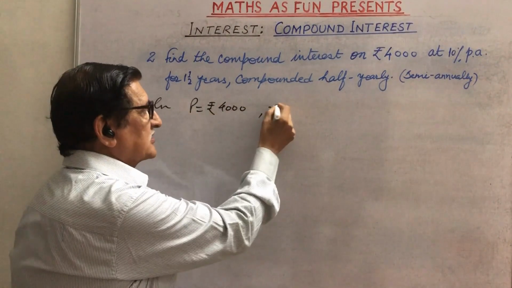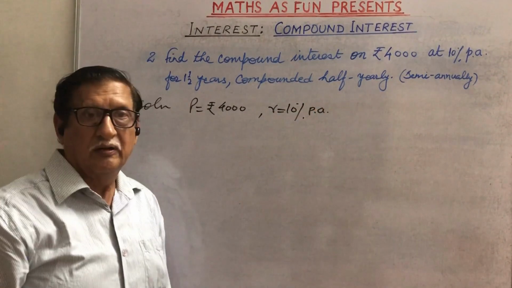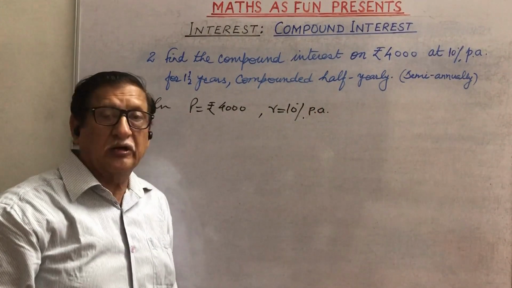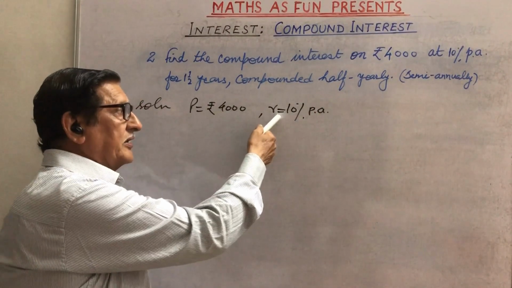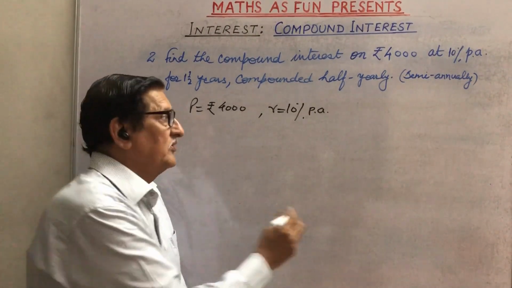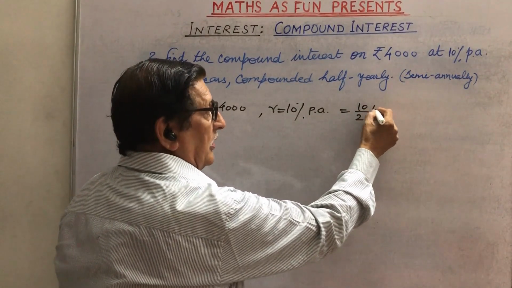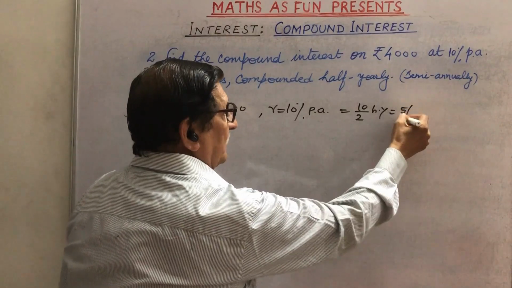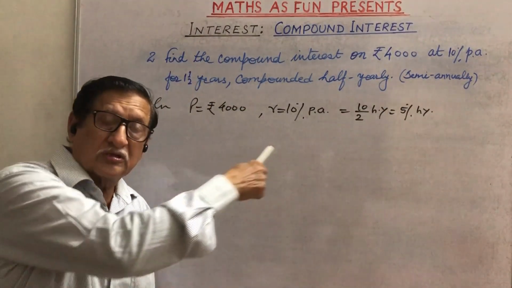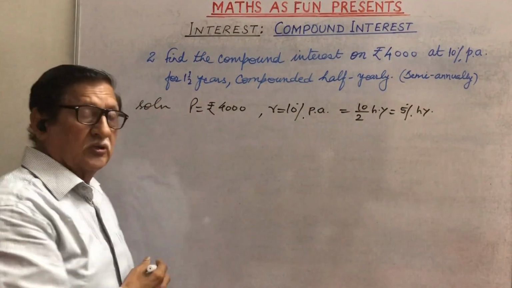The rate of interest has been given as 10% per annum. But since we are to compound it half yearly, we should get the rate also according to half yearly. So we have to make the conversion, and then that is equal to 10 upon 2 half yearly, or 5% half yearly. This is known as a conversion. Same way, we have to convert the time also.